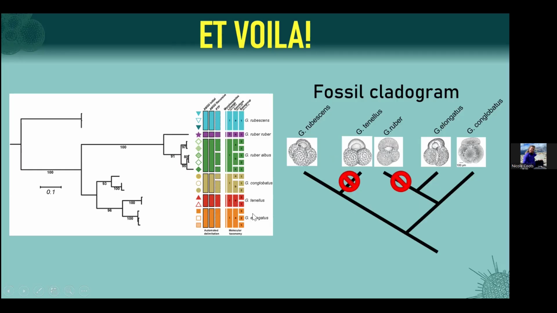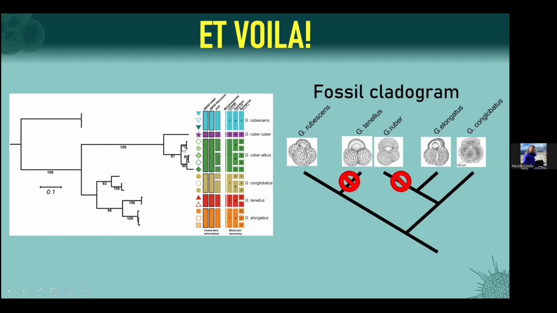You see that Elongatus and Tenellus here are sister clades on the molecular tree. And also Ruber and Elongatus are not sister either, even if they are morphologically extremely similar, because Tenellus is sister with Elongatus. This is what we see here. And this group is sister to Conglobatus. And within the Globigerinoides genus, it is Ruber that is actually the most distant from the others.